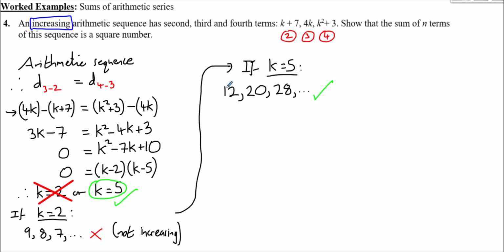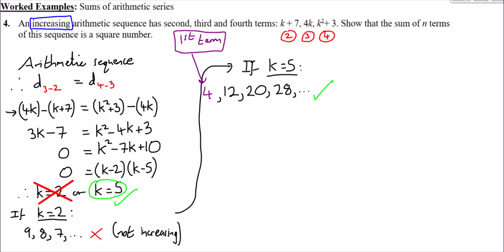So the first term, clearly this is going up in 8s, so the first term would have to be 4.